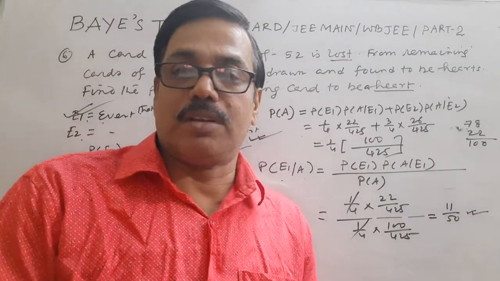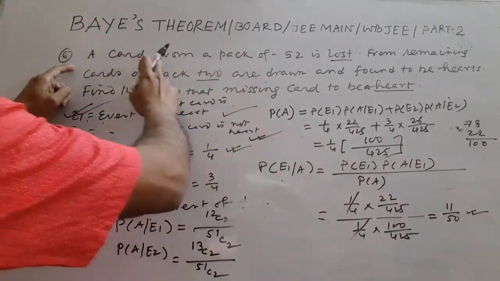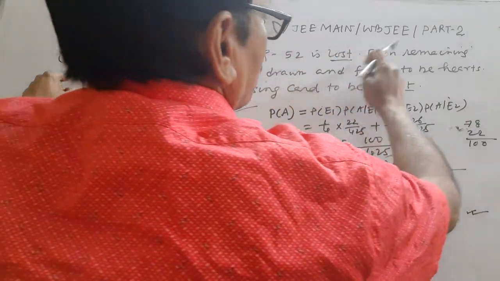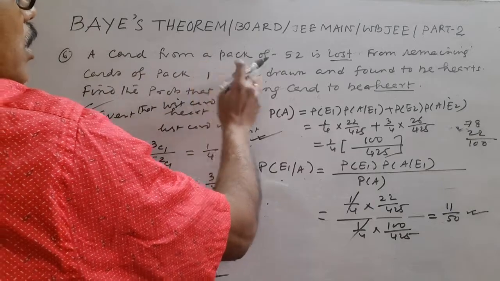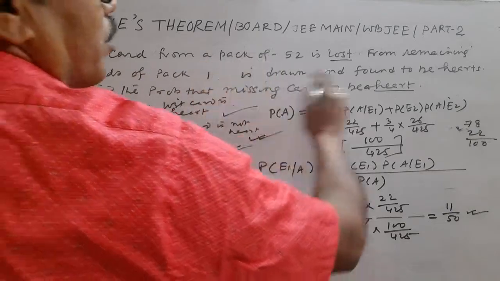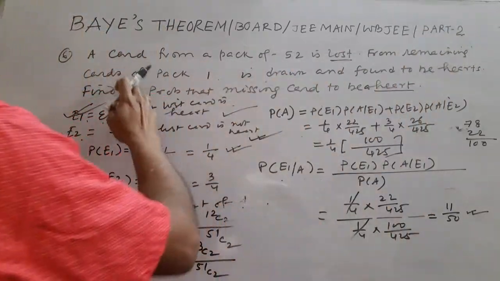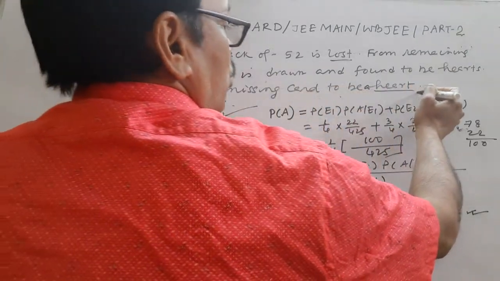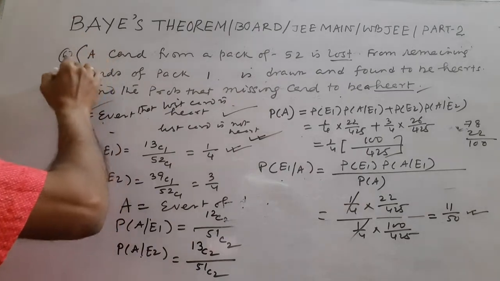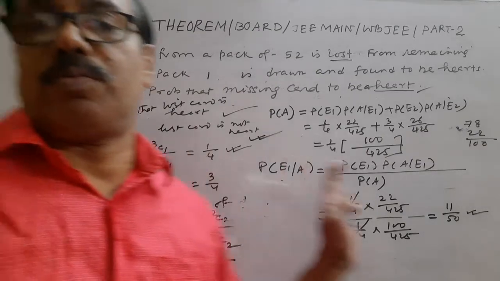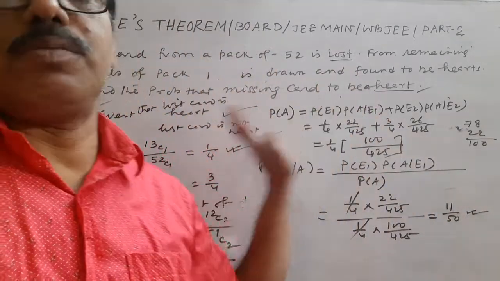So there is a similar type of problem. A card from a pack of 52 is lost. From the remaining cards of the pack, 1 is drawn and found to be heart. Find the probability that the missing card is heart. So this is the same type of problem, 2 is replaced by 1.